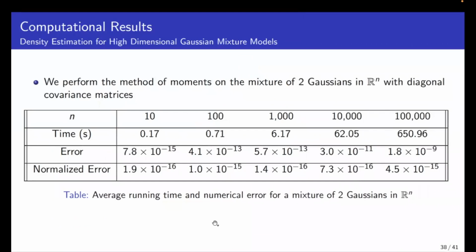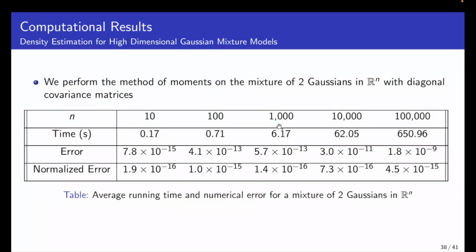Finally, here are some computational results to show that this does in fact work well and reliably. Anytime you're using a numerical algorithm, you always have to be careful because things can go absolutely terribly, but that really doesn't happen here. You can see that the error is pretty much machine precision. And moreover, you can see the time, so this is the mixture of two Gaussian densities in n-dimensional space.